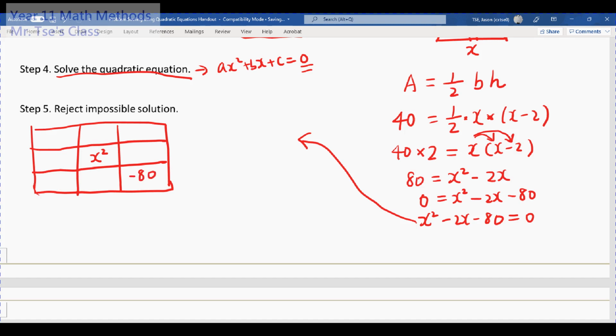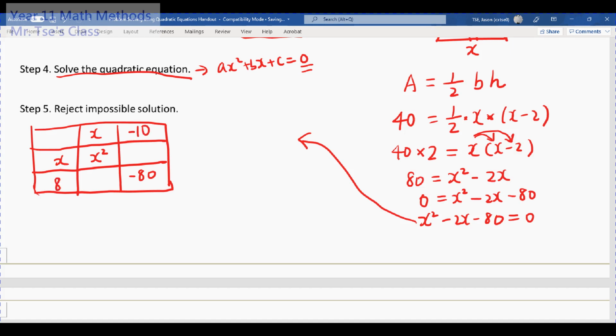The middle term is minus 2x. So we need a combination of two numbers multiplied together equal to minus 80, and the like terms, when they add up, become minus 2x. How about minus 10 and 8?